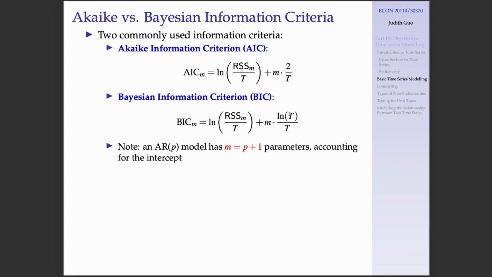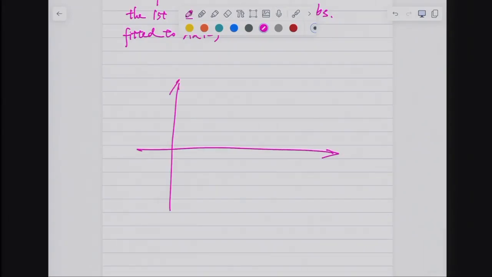This is immediate when you plot the logarithm function. The logarithm function, loosely speaking, looks like this. Let's say this is T here, this is log of T. Once it passes 7, it will be greater than 2.